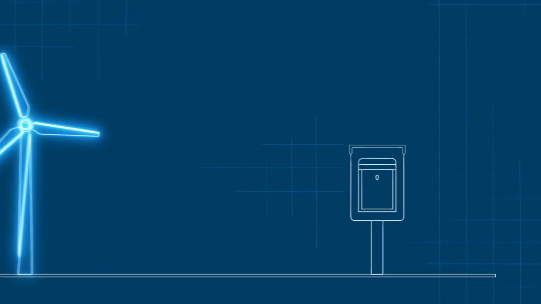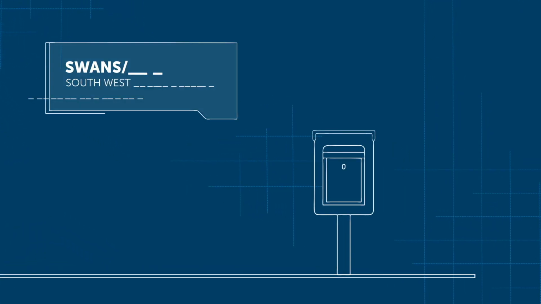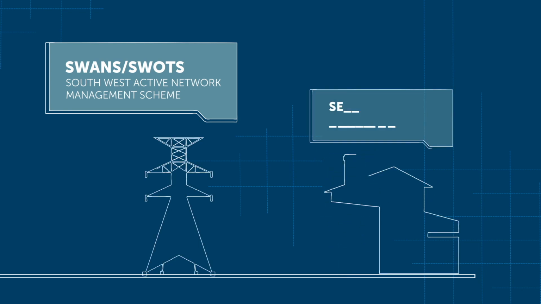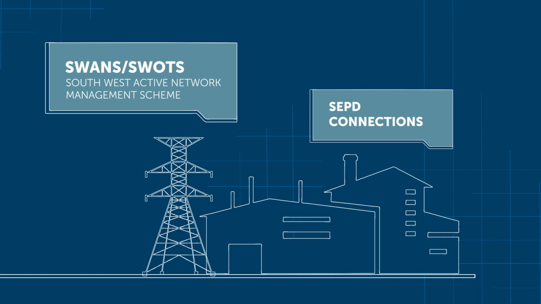If your project is connecting at a grid supply point, which is subject to the Southwest Active Network Management Scheme, SWANS or SWATs, the Appendix G submission will trigger liability for a securities payment. This should be paid by the customer to SEPD on behalf of National Grid ESO as soon as it is submitted.